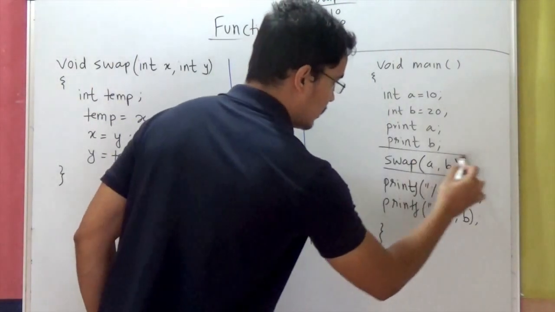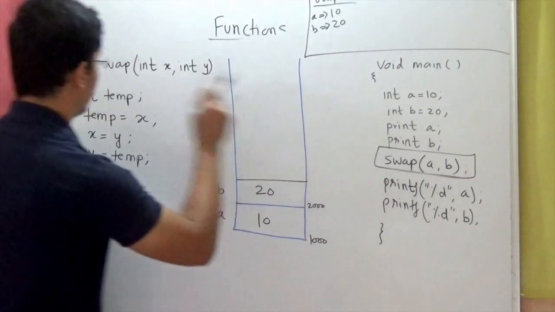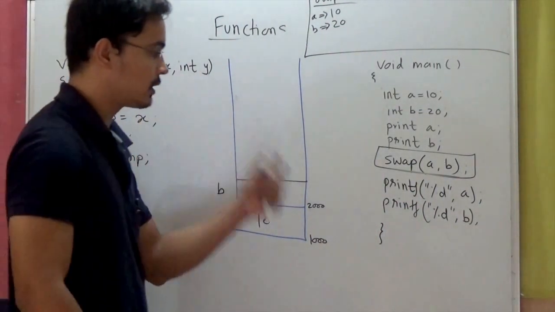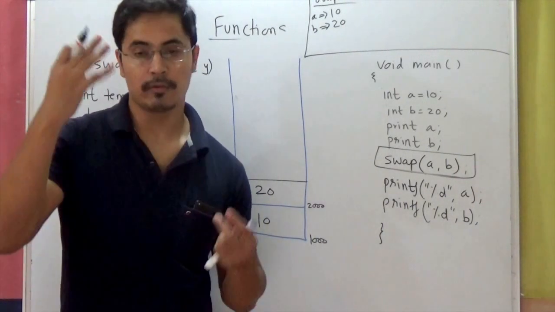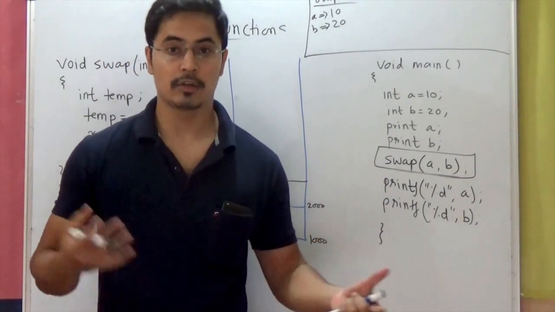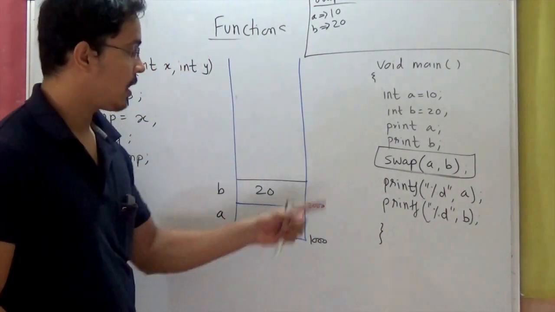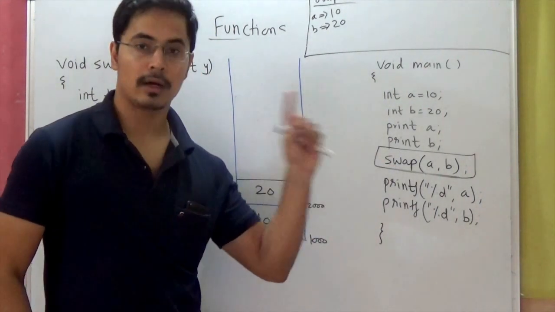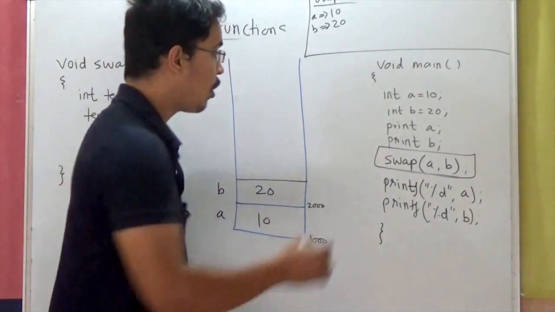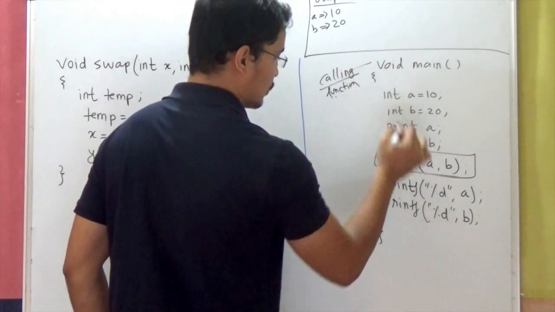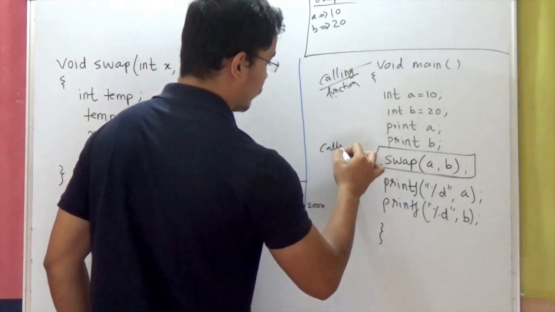Now there's a call to the function swap. We are calling the function swap. You must remember from the last video when we discussed the function execution details, right? What happens when you call another function? So this becomes the calling function, main is the calling function, and swap is your called function.